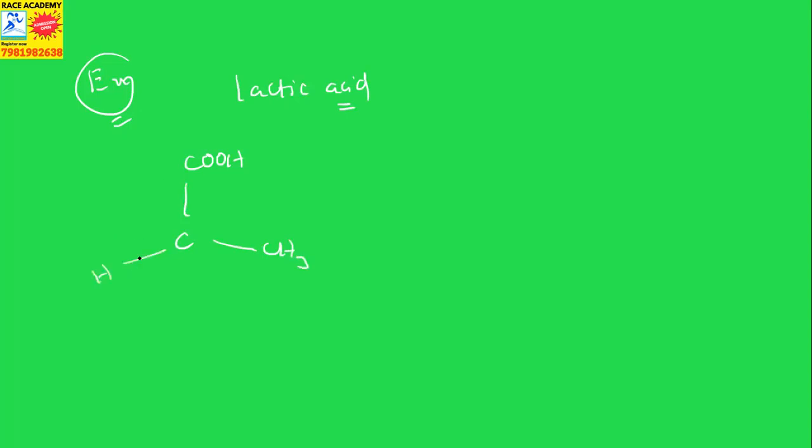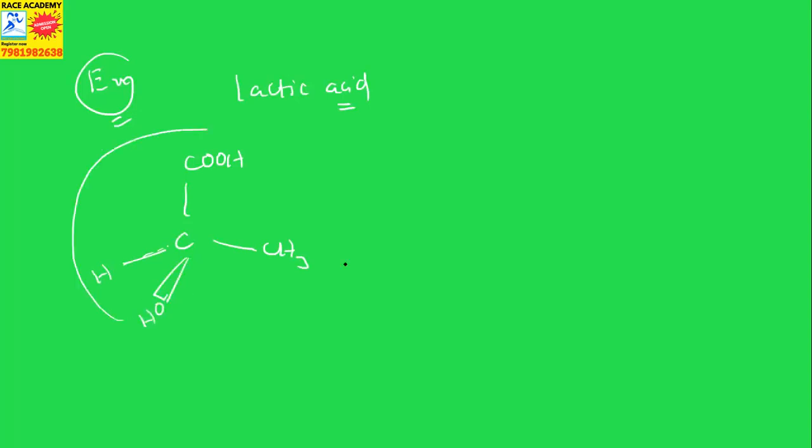Moving on to another example, once again we will take the lactic acid example. So we have carbon with carboxylic acid, we have methyl, we have hydrogen, and we have one OH group.